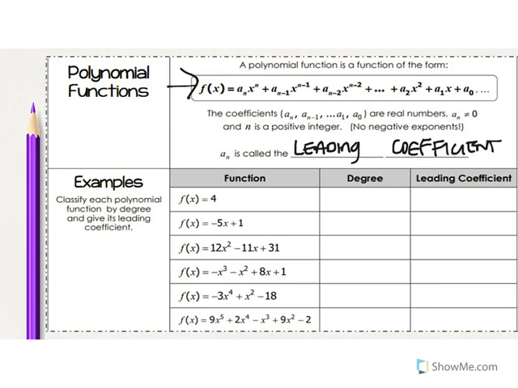And that's just the a_n part that we see here and here. These are all the leading coefficients. And the n minus 1 is just stating that it's for the next term, so you're one less than the leading coefficient.